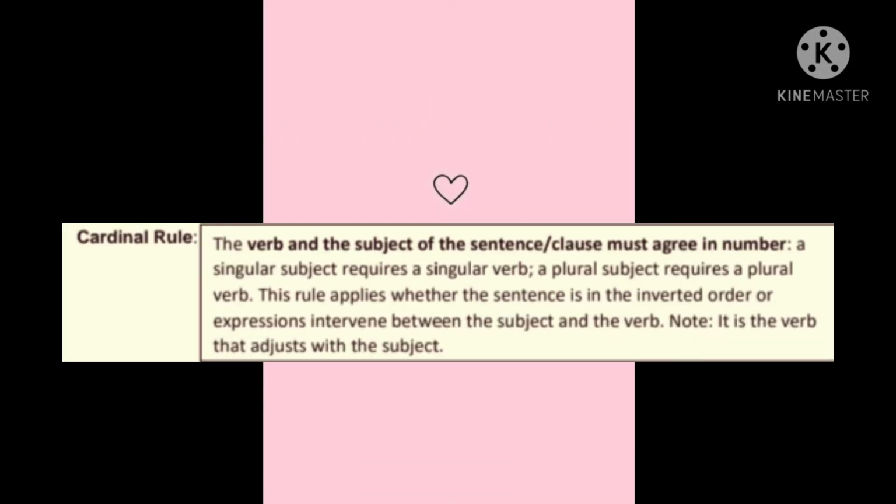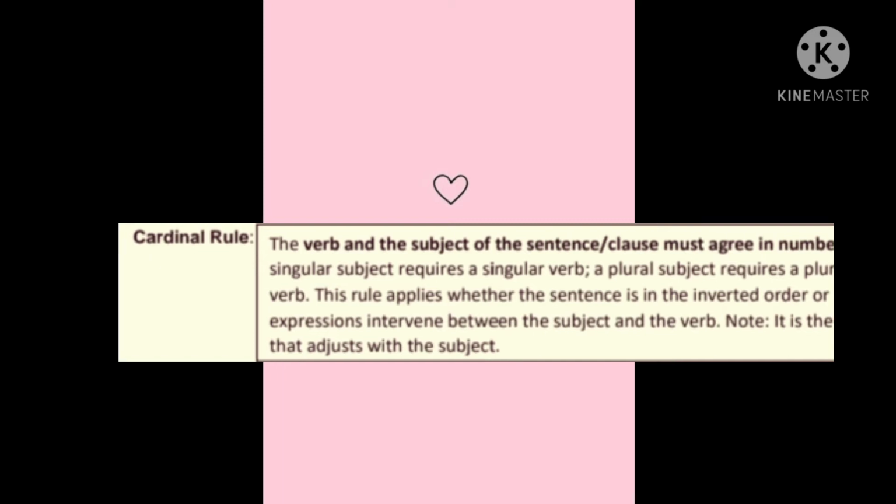In subject-verb agreement, we have this cardinal rule. This is important to note. So as the cardinal rule explains, subject and verb must agree with numbers.